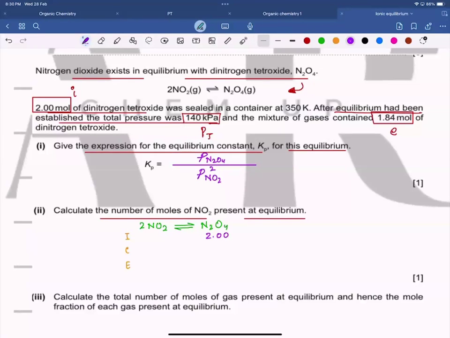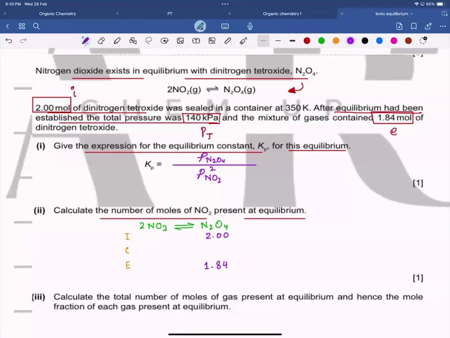Then at equilibrium, the 1.84 moles are of the reactant or the product? Product. So I will write over here 1.84. Is this understandable to all of you? Yes, sir. Now what is the change? 0.16.